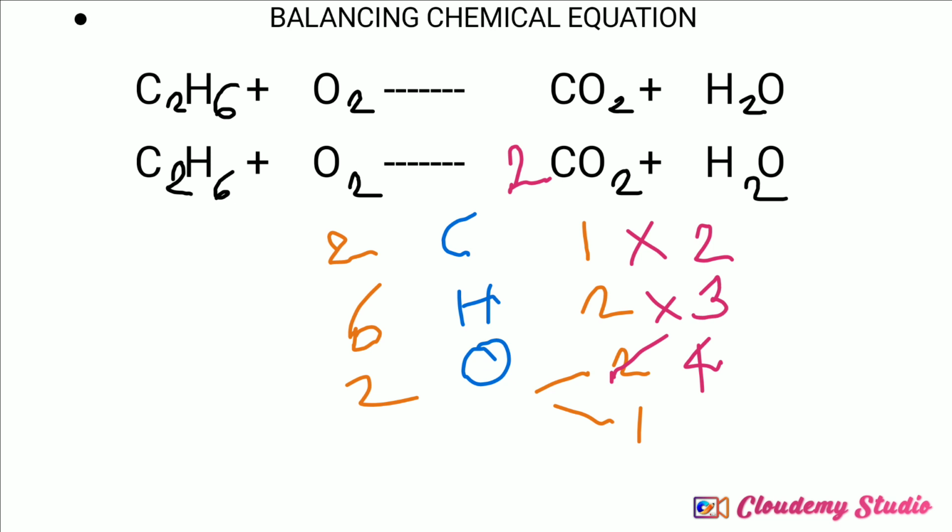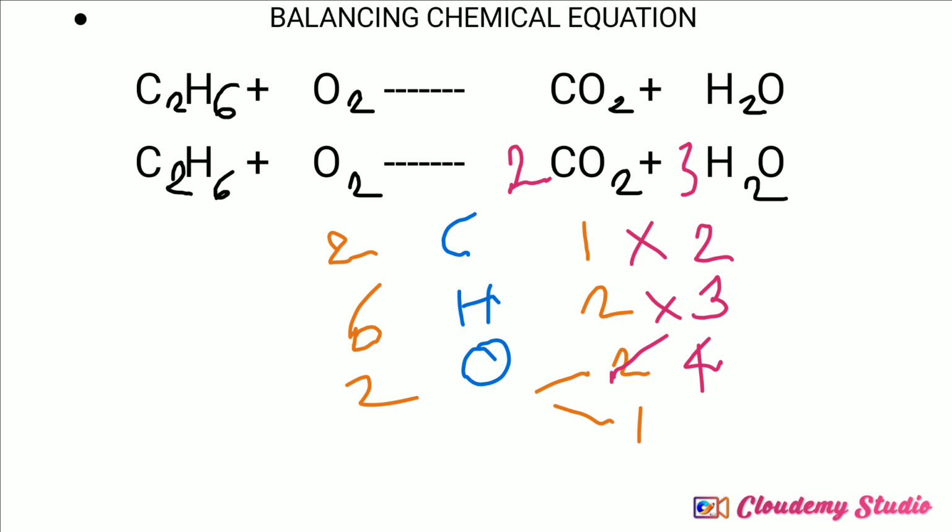So when we multiply this hydrogen, where is this hydrogen? This is in water. So this water molecule has to be multiplied by this 3 coefficient. So when we are multiplying this water by 3, that coefficient 3 belongs to hydrogen as well as oxygen. Therefore, oxygen will change at the right hand side.